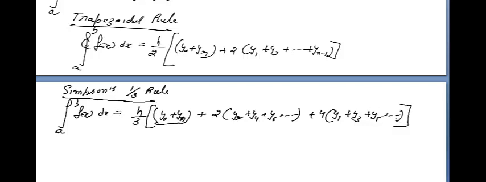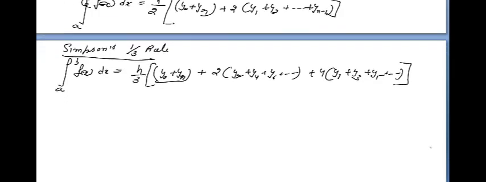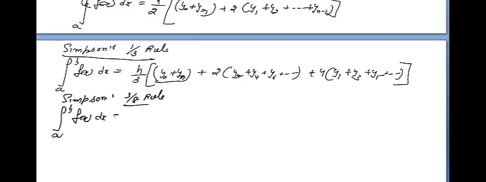So this is the Simpson 1/3 rule. And the method that I discussed today, Simpson's 3/8 rule, has the integration from a to b of f(x) dx as 3h by 8. Starting and end you will add only once.